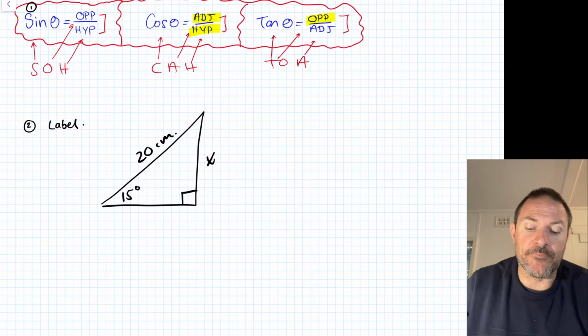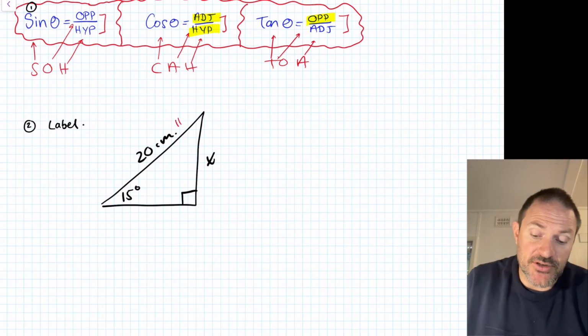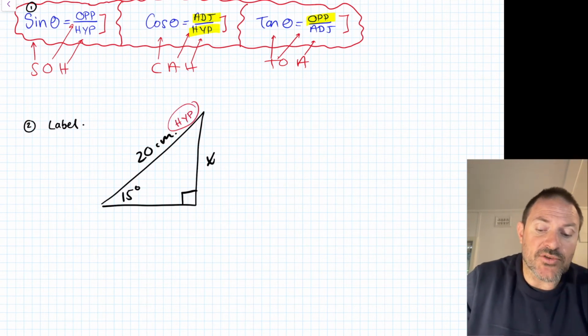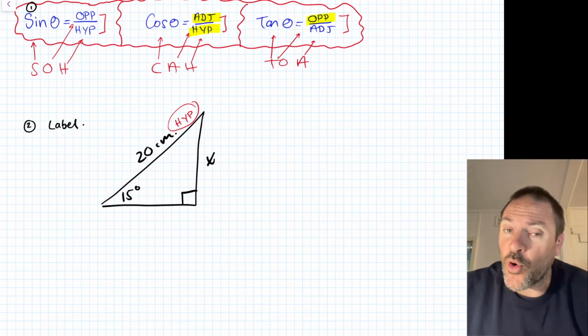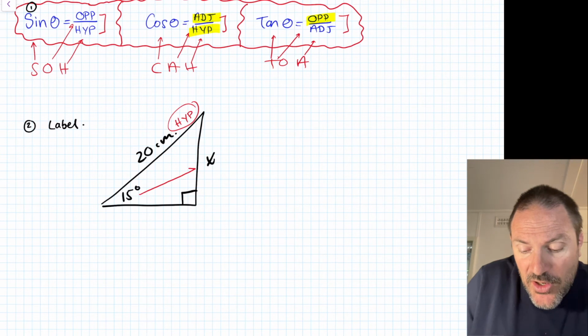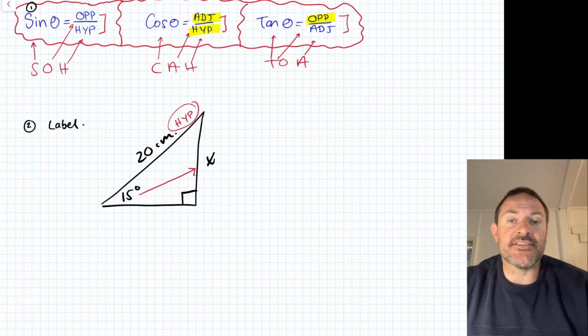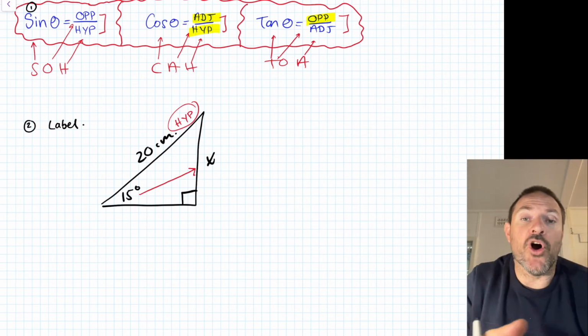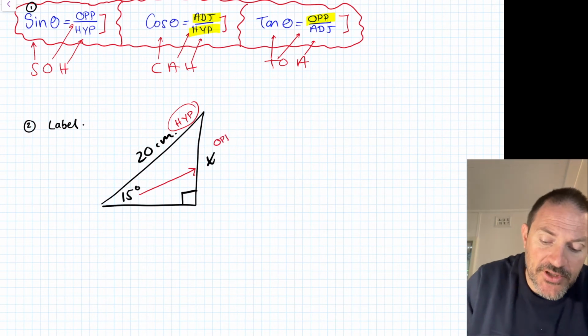And that's important. So in regards to this question, look at the 20. Well, that's always going to be the hypotenuse, isn't it? Always will be. But the 15 is opposite to the other side that's given. So the x is opposite to the 15. So that's called the opposite side.